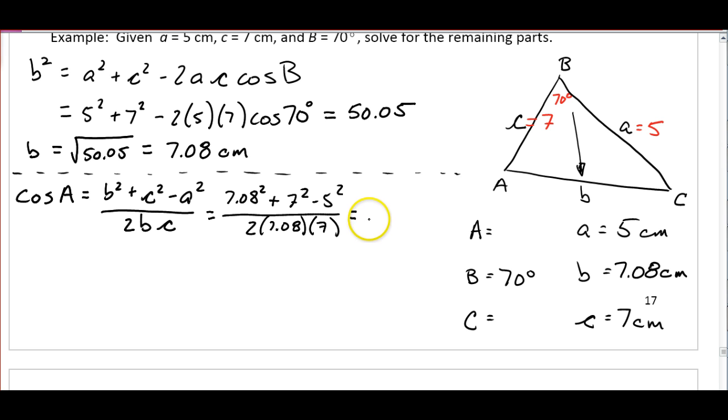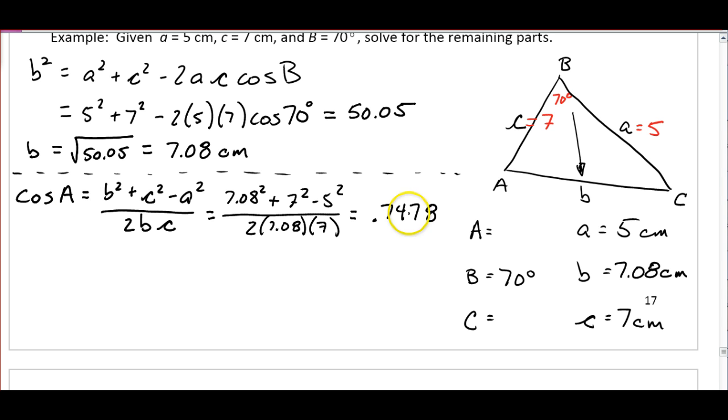Check on your calculator and make sure you get 0.7478. Now anytime you have trig ratios, if you're looking for the cosine, the sine, or the tangent of an angle, make sure you go out to at least 4 decimal places to get a more accurate answer. Alright, if you don't go out to 4 decimal places, I'm going to deduct a little bit because your answer is not going to be that accurate.